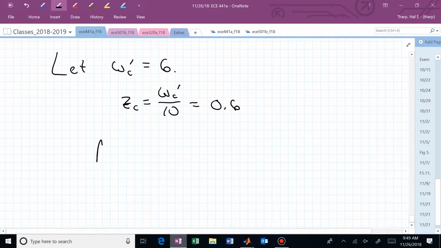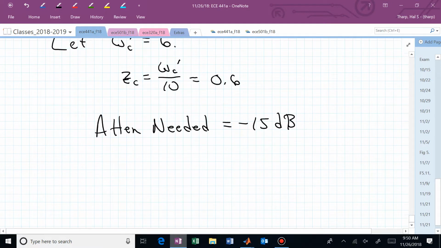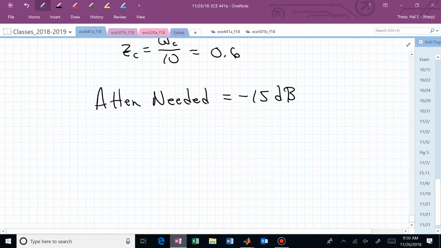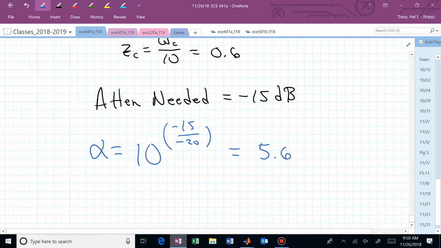So now we say attenuation needed, that allows us now to solve for alpha. Alpha is now 10 to the minus 15 over minus 20, or 10 to the 3/4, which ends up being 5.6.